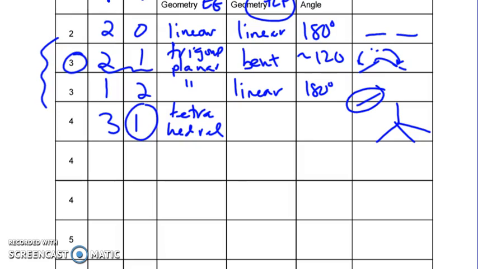Take my eraser, and I'm going to do this. What does that look like now? Well, I see a triangle coming up to a point. The base angle for tetrahedral is 109, but remember, these lone pairs are mushing it down. So that ends up being 107 degrees.